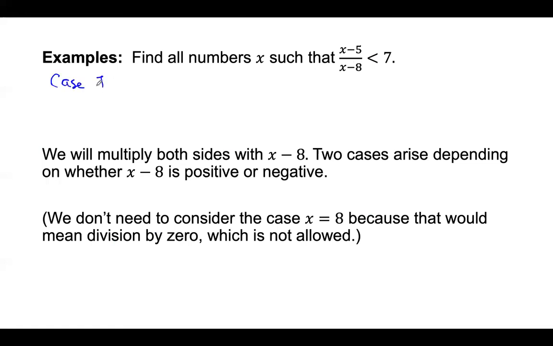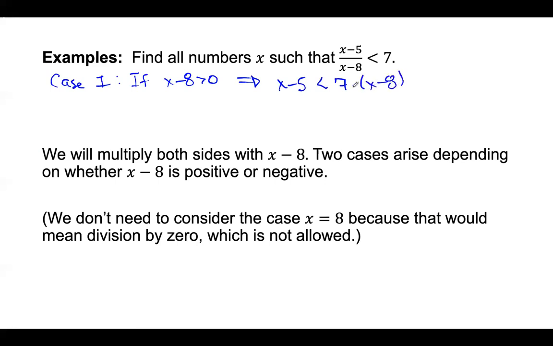Case 1 is if x minus 8 is greater than 0. If that occurs, what happens? This implies, therefore, x minus 5 is less than 7 times (x minus 8).